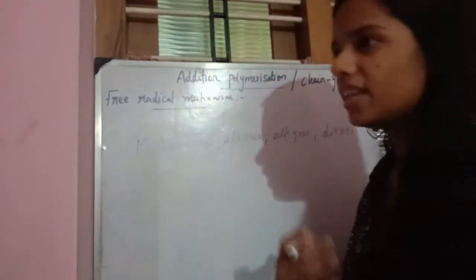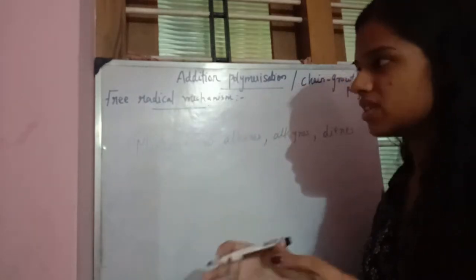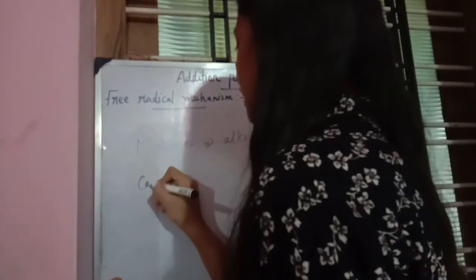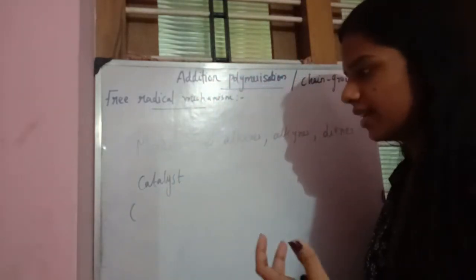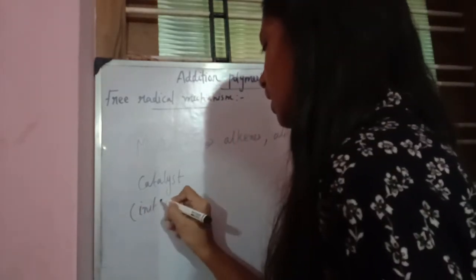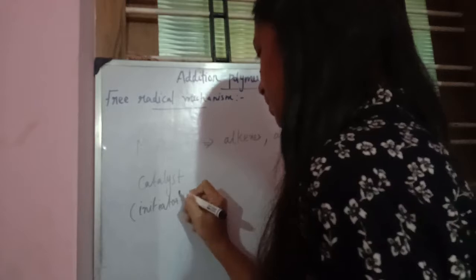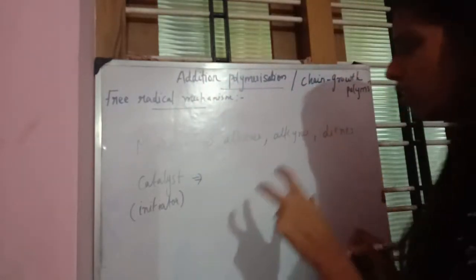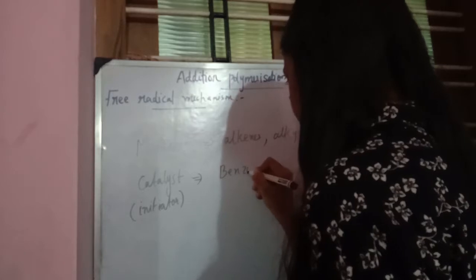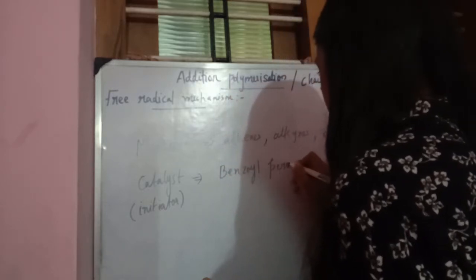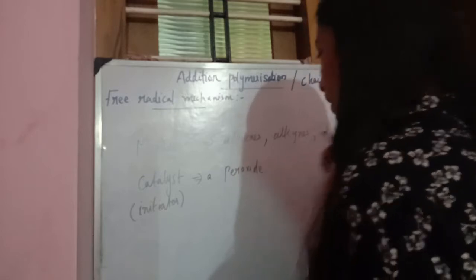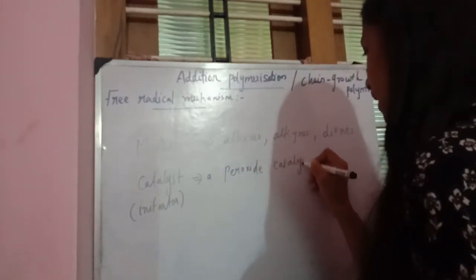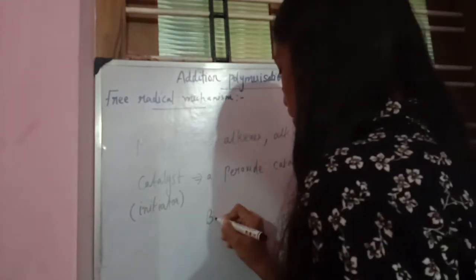And in order to initiate the steps which are there in this mechanism, we need a catalyst, or as this catalyst initiates the step, we call the catalyst an initiator also. Okay, initiator. And the catalyst which we are using here is benzoyl peroxide. Here the catalyst can be a peroxide.